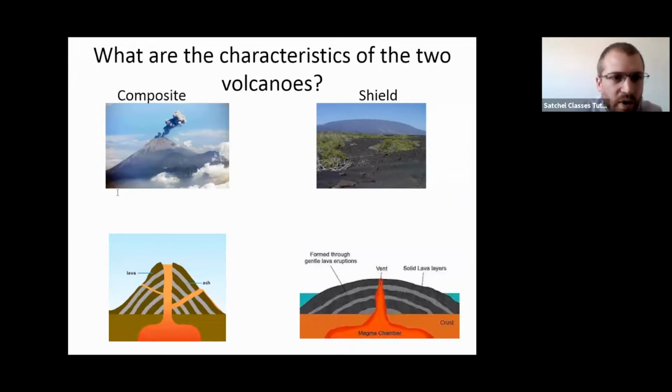Whereas we said the composite was steeper, it was steeper in profile. It looked like it had an ash cloud coming from it.